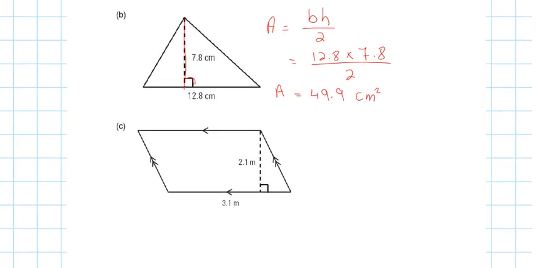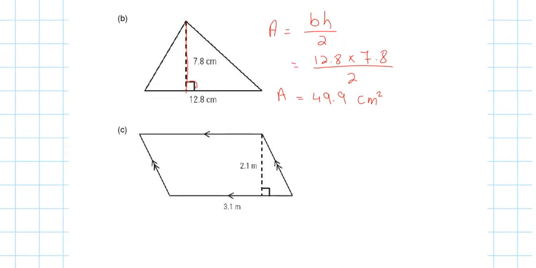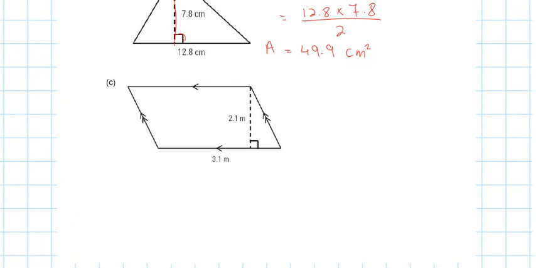So next shape is called a what? What shape is that? Parallelogram, yeah. So if I look at my formula sheet, again, I have the parallelogram, and it's the area equals base times height. Do I have both of the measurements that are needed? Okay. So my base is 3.1, and the height is 2.1.